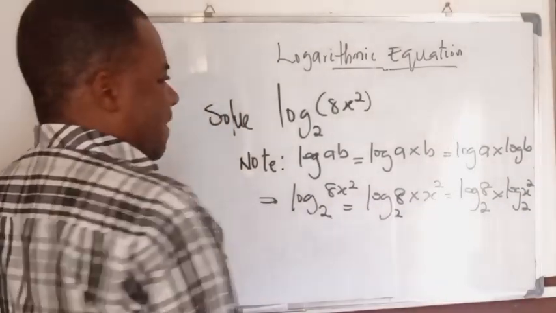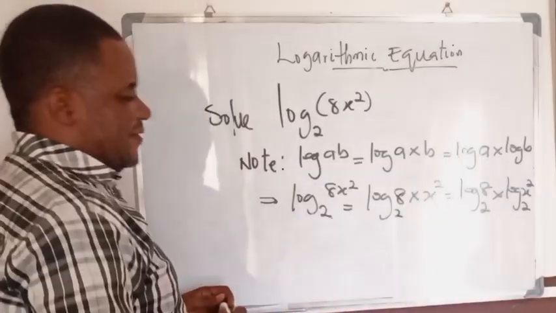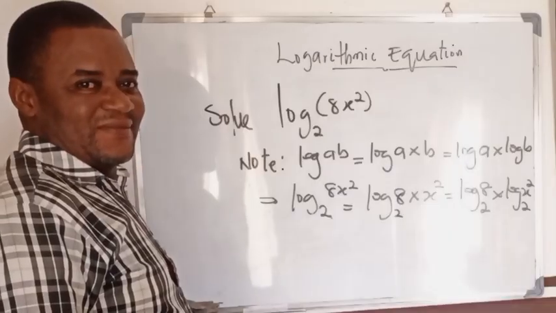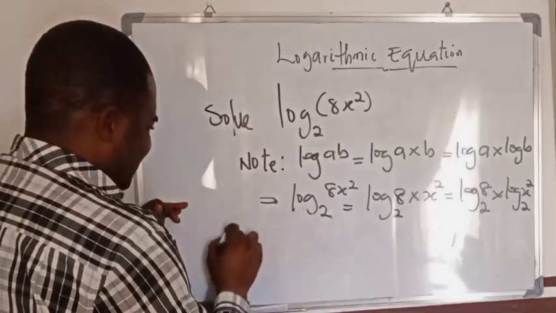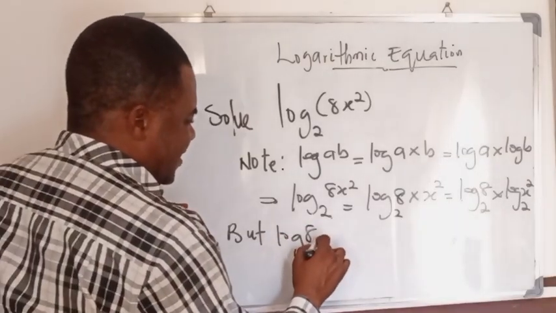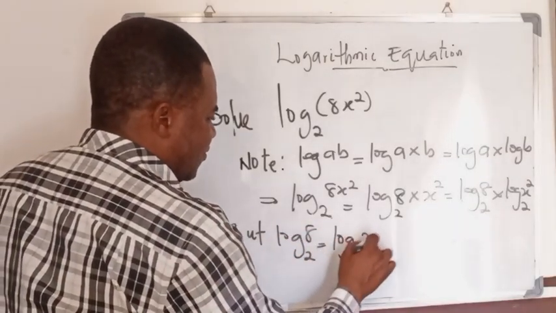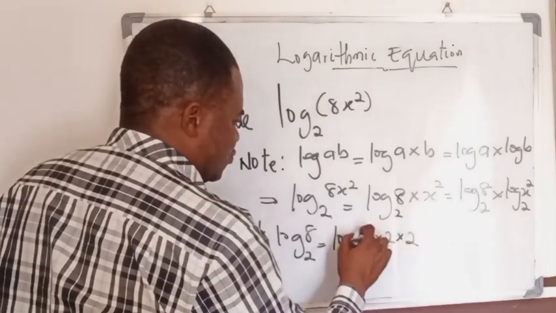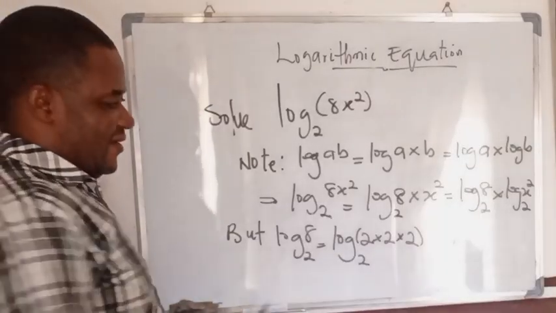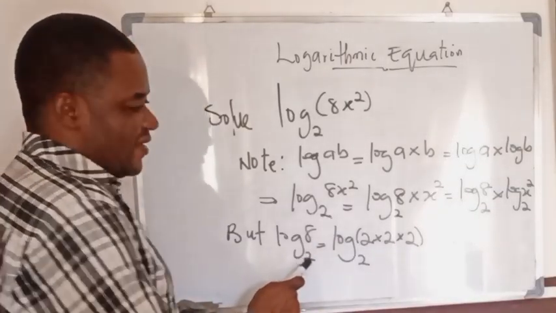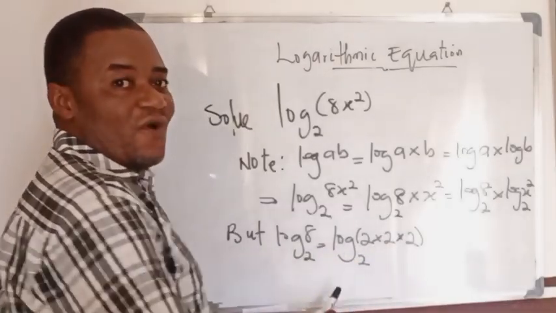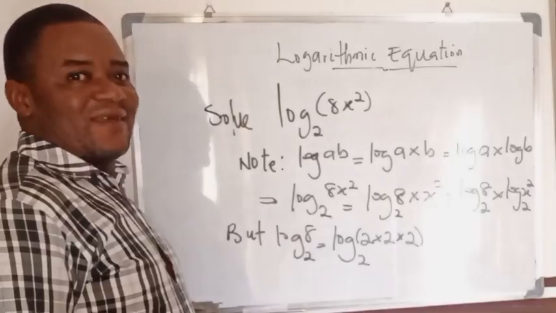Now if you take a look at log 8 base 2, you can as well expand this log. Do not forget that the log of 8 base 2 is the same thing as the log of 2 times 2 times 2 base 2, because 2 times 2 is 4 and 4 times 2 is 8.